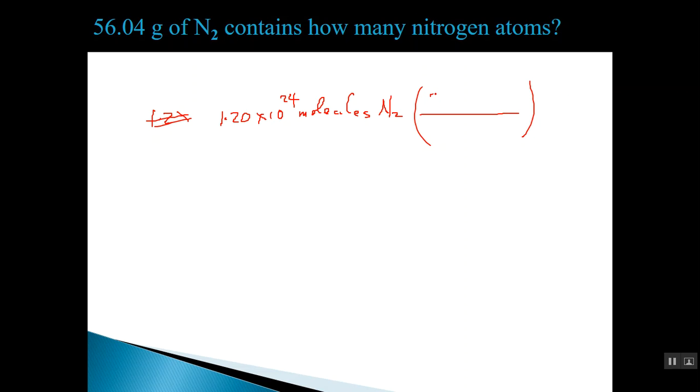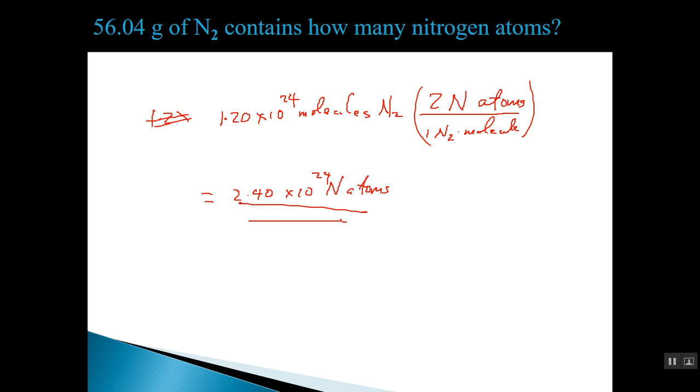So here we're going to have 2 nitrogen atoms and 1 nitrogen N2 molecule. And basically that's it. And when we work this out, you're going to get the answer being 2.40 times 10 to the 24 nitrogen atoms. And that's how we do that.